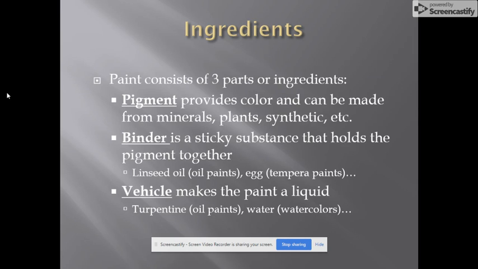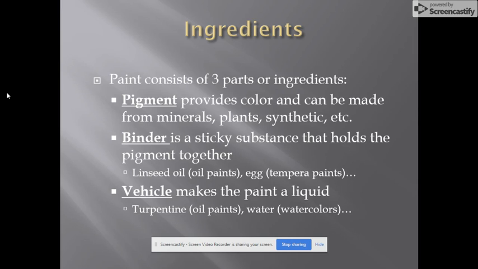Pigment is color. That is the color that's provided, whether it's from the dirt in the ground, ink from a squid, mashed up blueberries, or even blood from animals, which is often used for pigmentation. So there's a variety of sources from which we can obtain natural pigments.